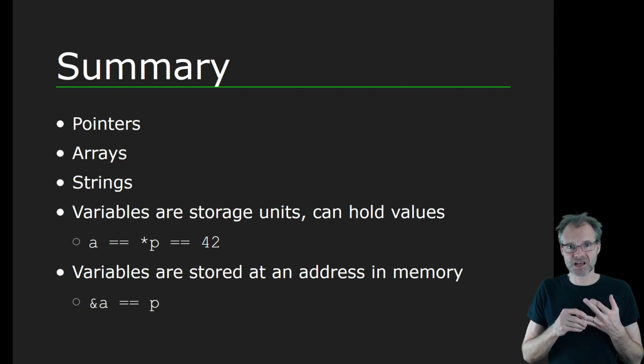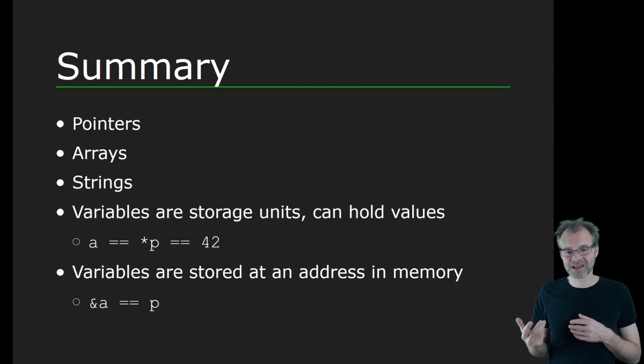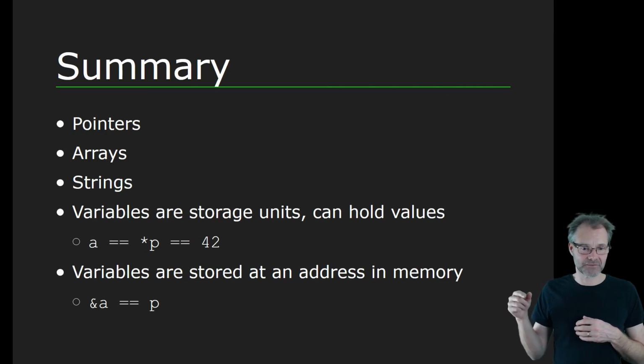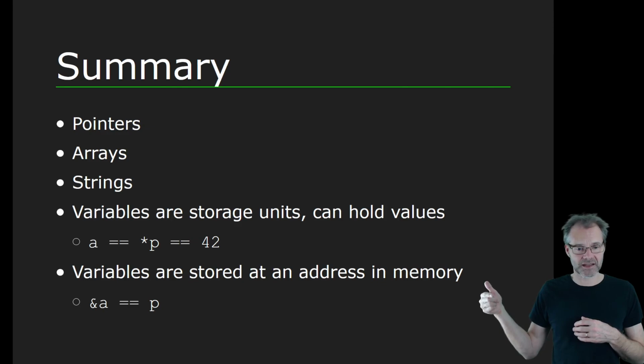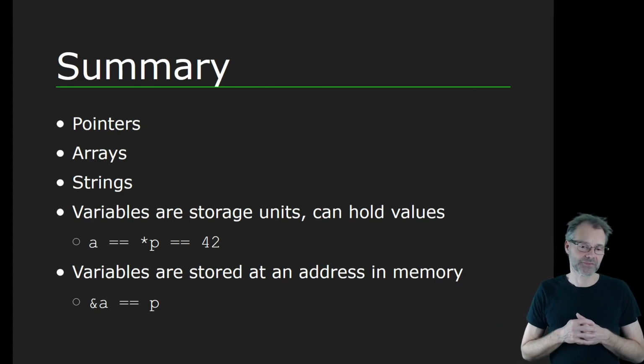It was the same that the pointer p was pointing to, and that was the value 42 in our example program. And then we talked about variables. They are stored at an address in the memory. And we can access this address by &a, the same value that we put in p, the pointer variable. So they contain the same value, and that was an address into memory.